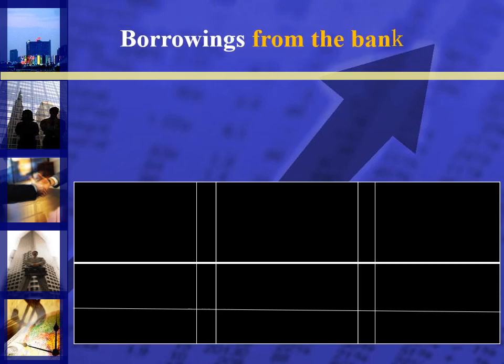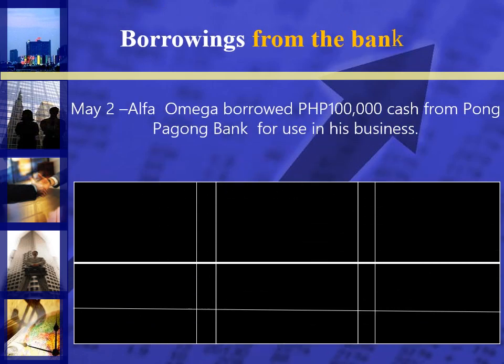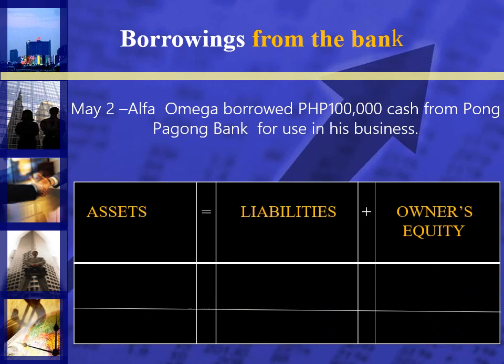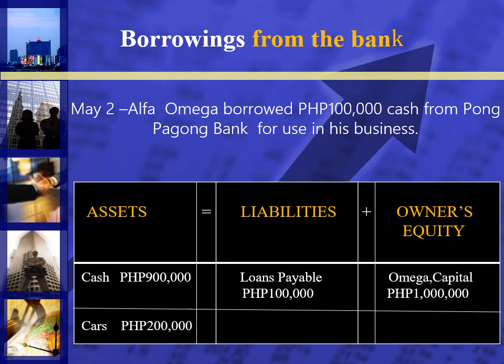Now let's have another transaction just to prove the accounting equation. Borrowings from the bank. Okay, May 2. Alpha Omega borrowed 100,000 cash from Pongpagong Bank for use in his business. Again, to show the illustration, assets on the first column equals liabilities plus owner's equity.